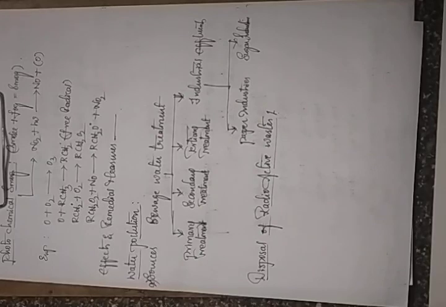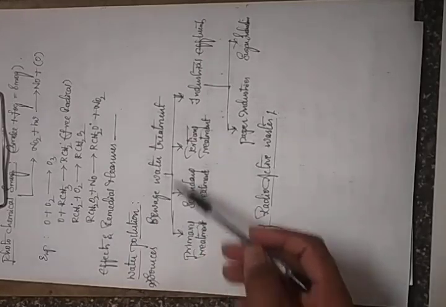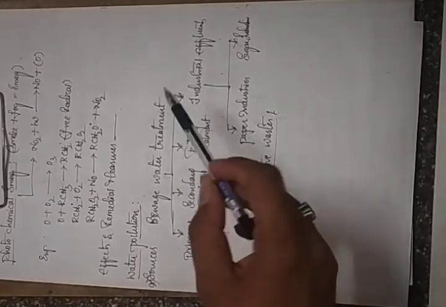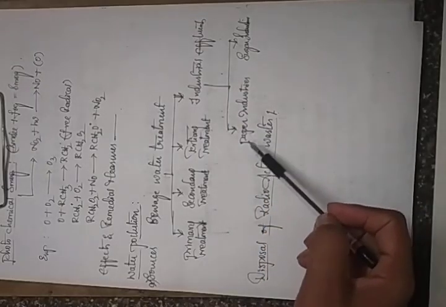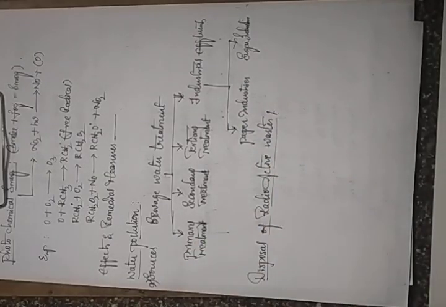And treatment of industrial effluents. Here you can see sewage water treatment, which is classified into primary, secondary and tertiary, and then industrial effluents. Industrial effluents are also classified into two types: paper industries and sugar industries. The wastewater let out from industrial processes like metallurgy, and the manufacture of paints, dyes, drugs and papers is called industrial effluents.